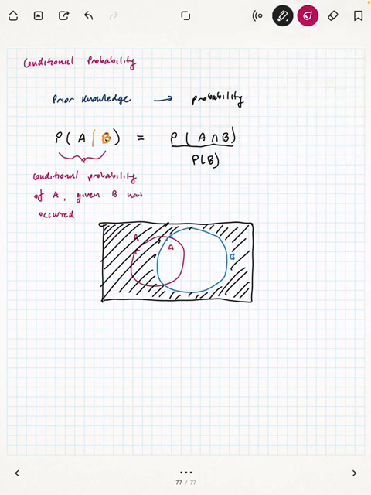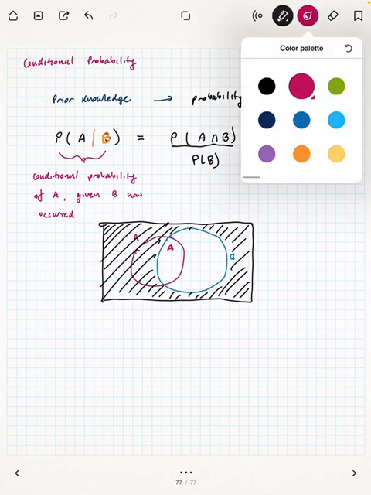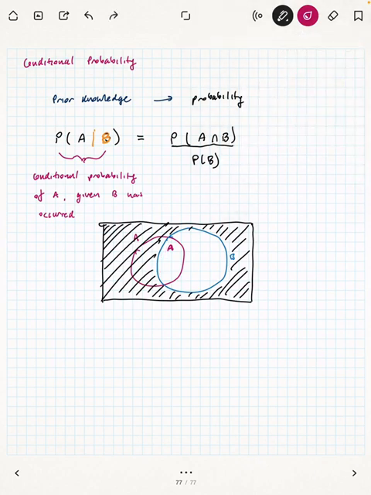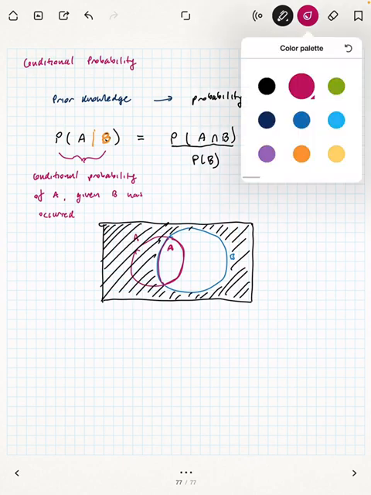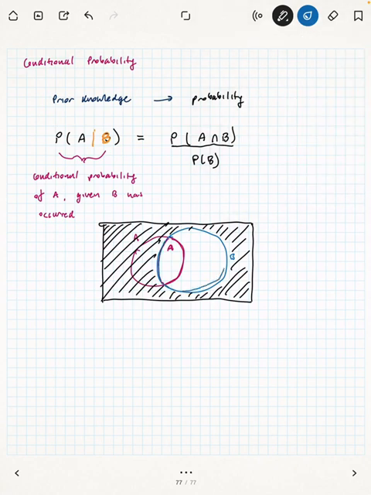So now this is A, or the portion of A that's in B. So now instead of shading A, what we're saying is the conditional probability of A now is going to be this segment here out of the total sample space that we have now, which is B. So that would be out of all of this. So it's like rescaling. We're ignoring everything that happens outside of B.